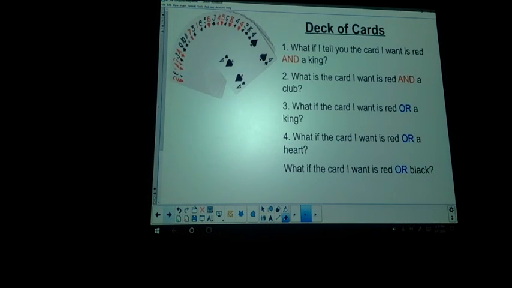Ooh, cool, deck of cards. What if I tell you the card I want is red and a king? Okay, how many red kings are in there? 2. There's 2. You have 2 of them. Okay, does that make sense?